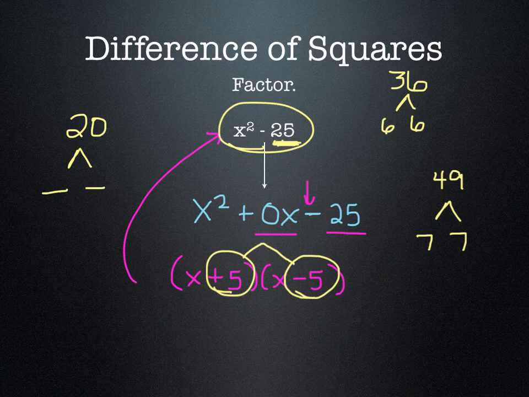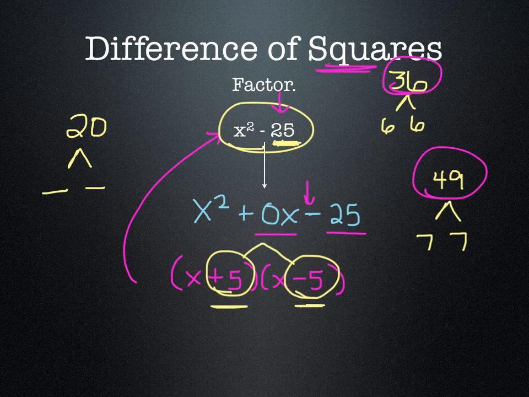So what these numbers really are is perfect squares, and that's why this is called difference of squares. The numbers that would work for this process have to be perfect squares, because you have to be able to get 2 of the exact same number so that they can cancel each other out and make this 0 in the middle, okay? So that's how this process works.